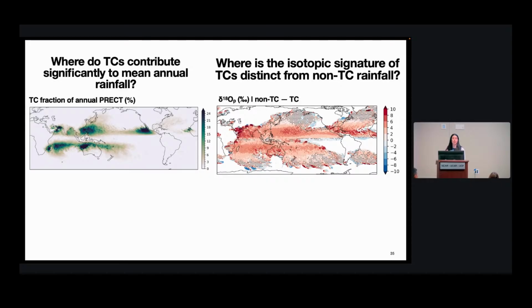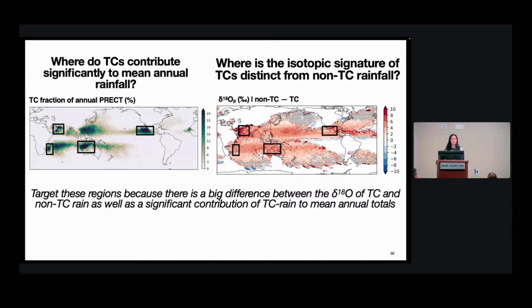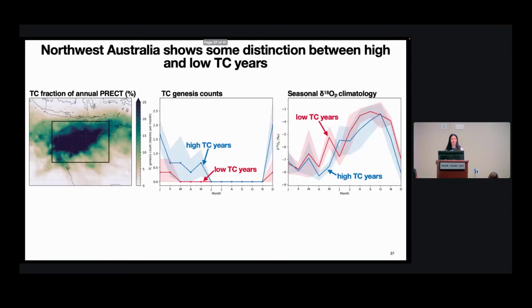That's going to be where you have those strongest red colors. So we might want to pick out smaller regions where you have a large difference between non-TC and TC rainfall, and also a significant contribution of TCs to mean annual rainfall. I'm just going to show you now this analysis for Northwest Australia.